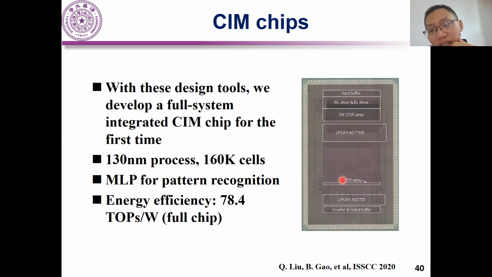You can see the area is not as large as the RRAM array, and the power of the whole system is dominated by the power of the ADC. That is sure. But we still achieve almost 100 TOPS per watt energy efficiency for the whole chip. So I think the ADC is not so terrible, especially if you do some good design on a low-power ADC. Then that is still acceptable.